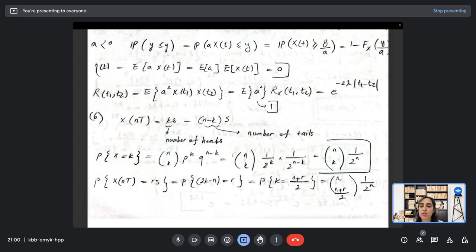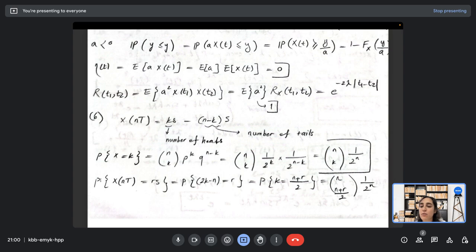So this is the formula, but if we want to calculate the probability distribution function of x being equal to k, we can think about this as a binomial distribution. So we have this formula, which is the formula of binomial, and then we know that the p and q are equal to each other, and they are 1 divided by 2, so we can write them down very easily.